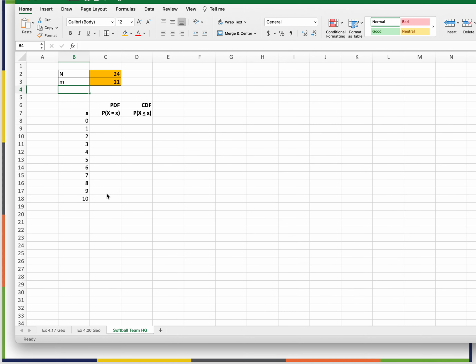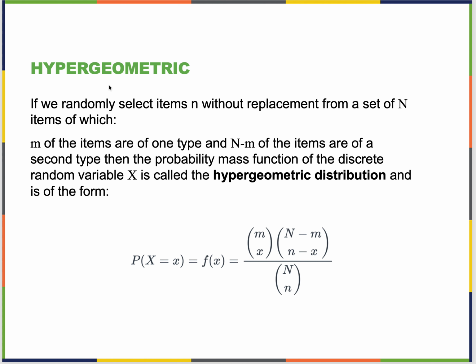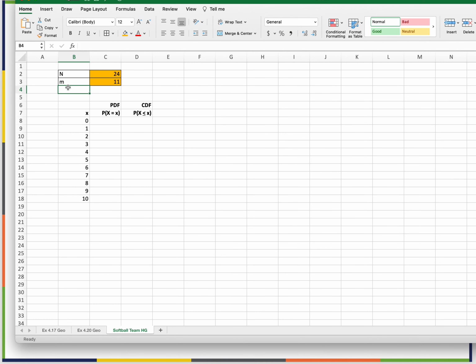This is not the best lecture I'm ever giving. We have 24 people. We want to choose 10. So we have this n. There's 11 males, so n equals the number that we're picking is 10. And the number of M happens to be 11 males. So there's like 4 arguments to this thing.